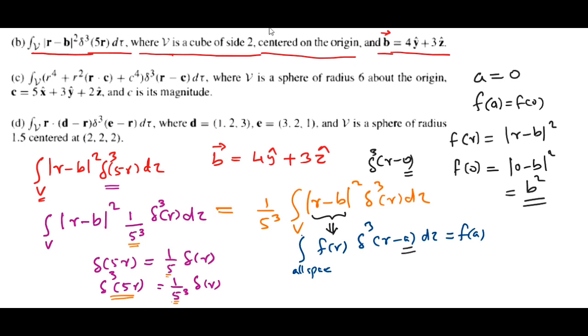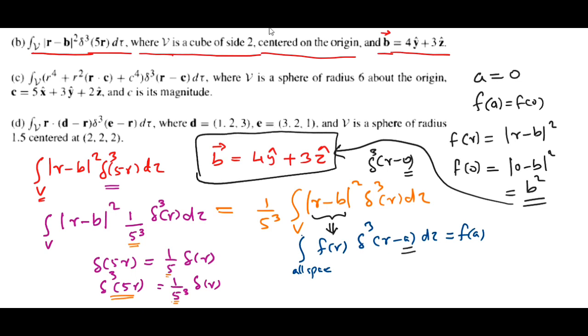Then what is b square? Look here. It is already given in the question, that is vector b is given. B square is b dot b. Take the dot product, then it will be 4 square plus 3 square, 16 plus 9, that is nothing but 25.